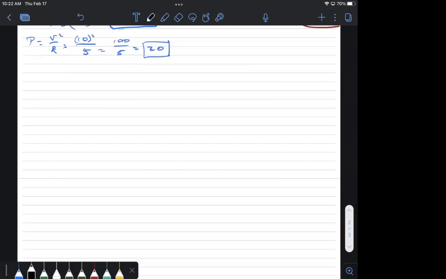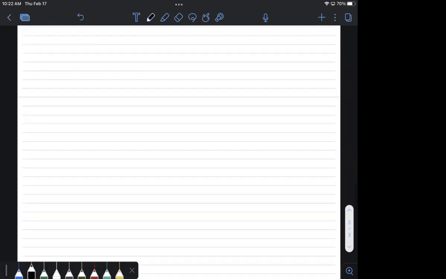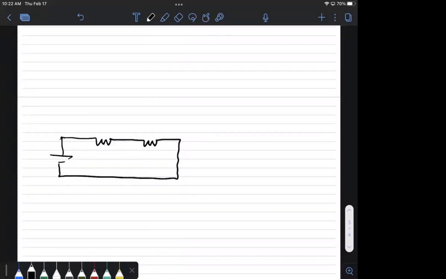If I have a circuit, here's my little voltage source. And now I'm going to plug in 2 resistors. Okay, well, here's a resistor and here's a resistor. So call that 10 volts. Let's say this is 7 ohms and this is 3 ohms. And I want to ask the same questions. What's the current flowing through this circuit and what's the power?